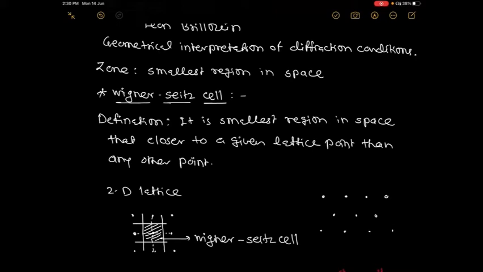We choose the center point as the origin, and from that center point we join the closer lattice points by dotted lines. Then, with the same procedure as earlier, we draw a perpendicular bisector through the midpoint of each line, and it forms again the smallest region.